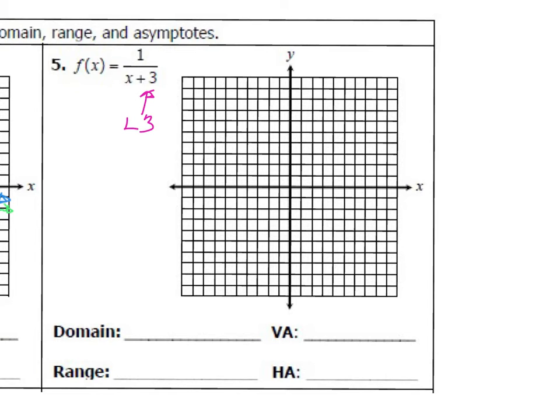That means that our vertical asymptote is moving left 3 to -3. So it becomes right here. Remember, these asymptotes give us the shape to our graph, and you want to label them.